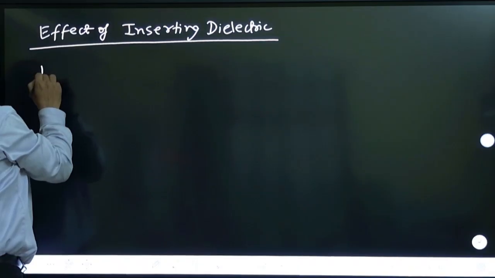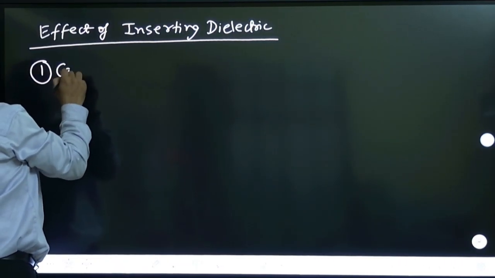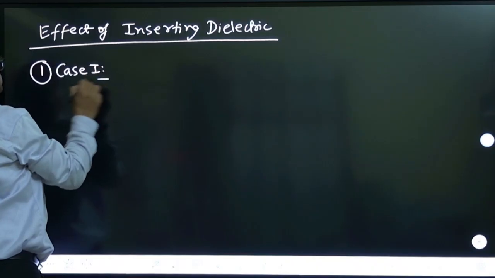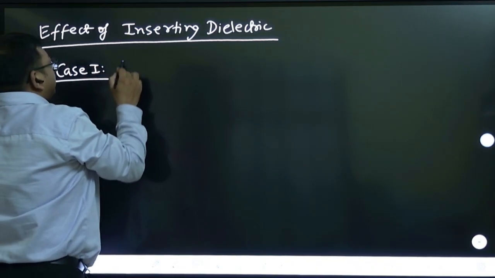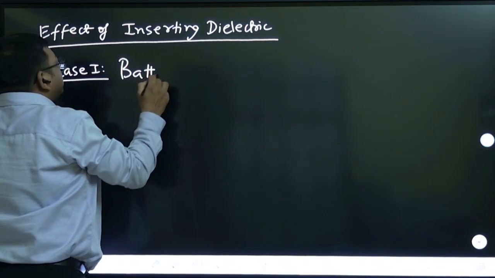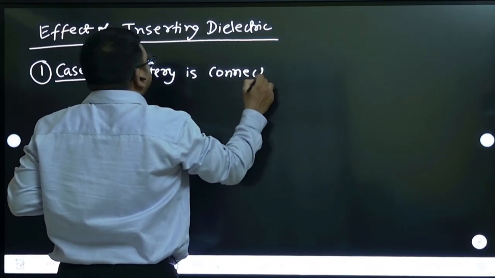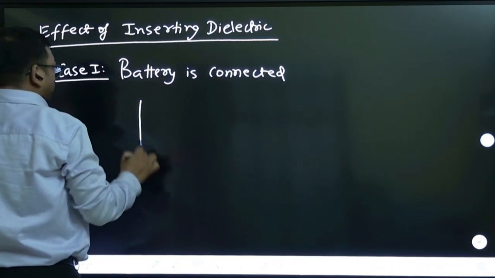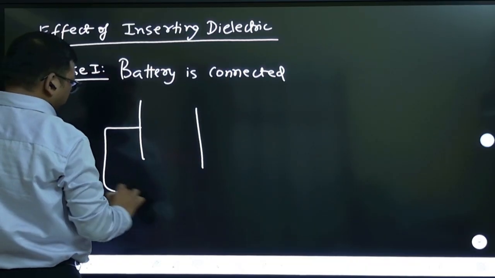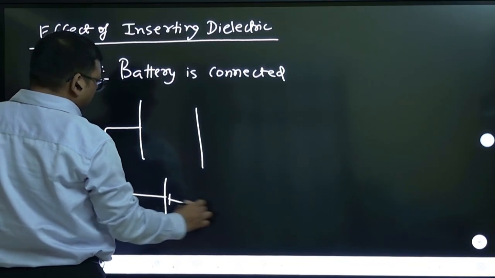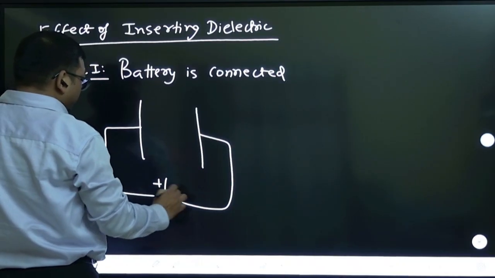So take case one: battery connected. Battery is connected. So suppose there is a capacitor and a battery is connected like this, plus minus, voltage V.